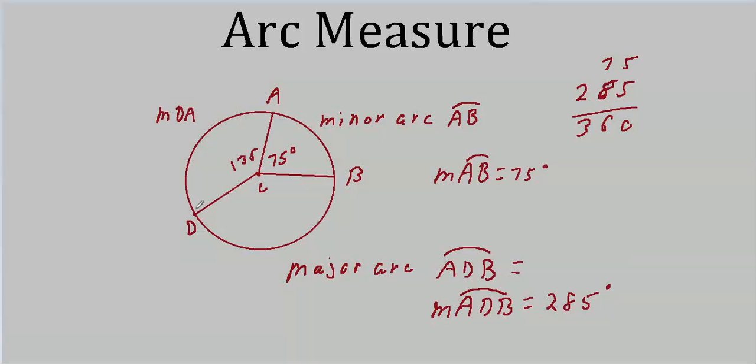Actually, I should probably call this arc DA, even though when you just list two endpoints, you're always referring to the smaller one, the less than 180 part. The other part, in other words, the minor arc. The major arc, you would normally use 3 letters, just like this one here.